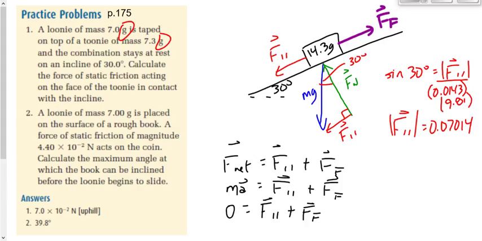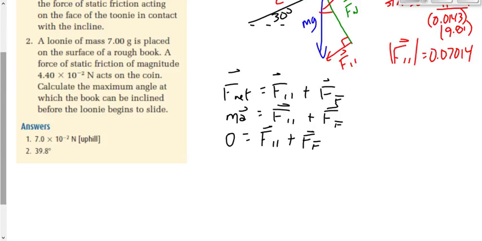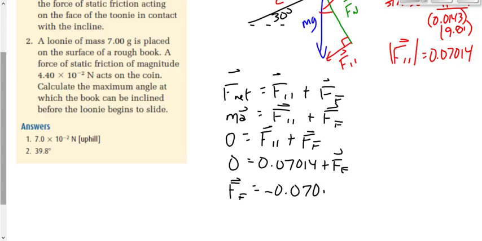We sub that in here for F parallel. Take it to the other side, ends up being negative 0.070 newtons.